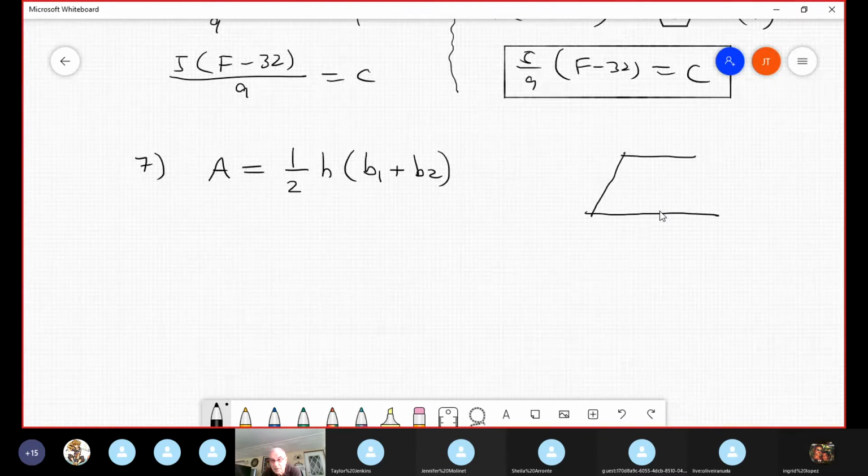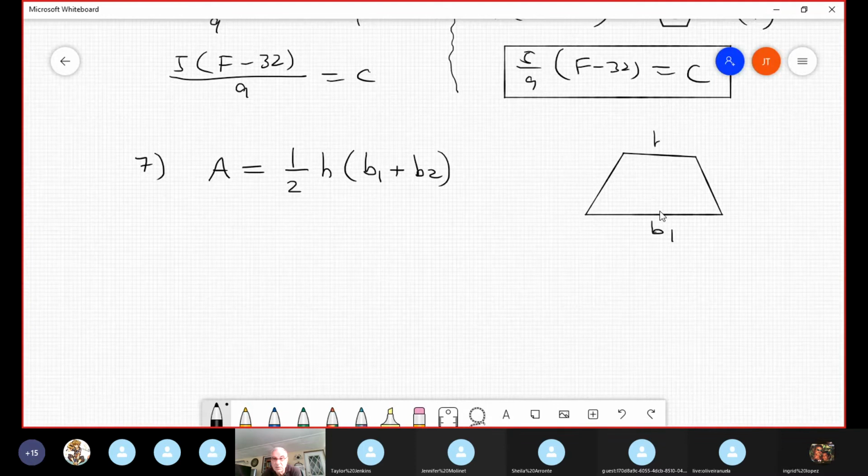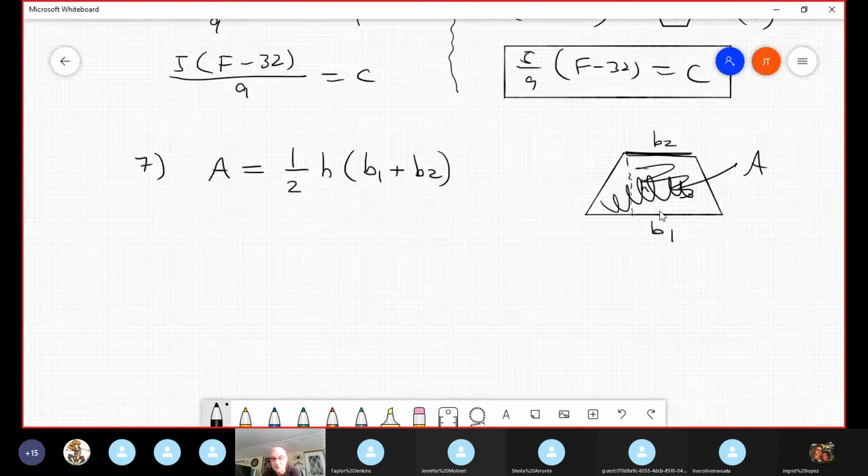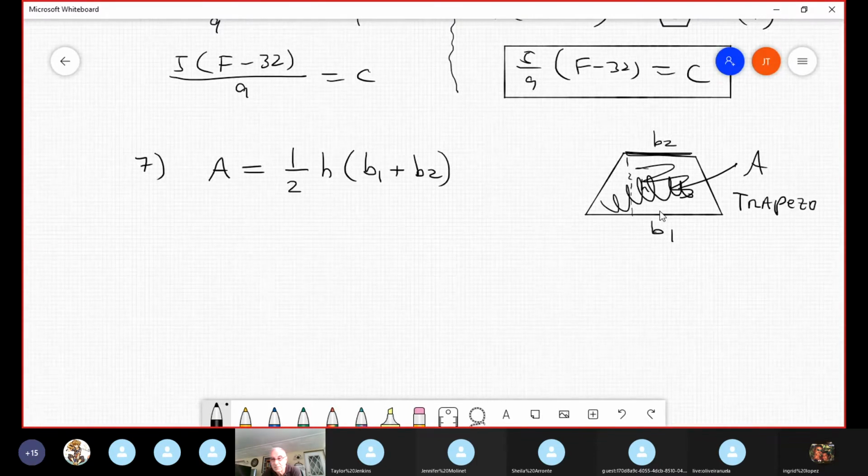A trapezoid contains 2 bases: b1 and b2, the parallel, the smaller one. And the height is called h. This formula states the area, the surface inside the trapezoid. But this is not important.